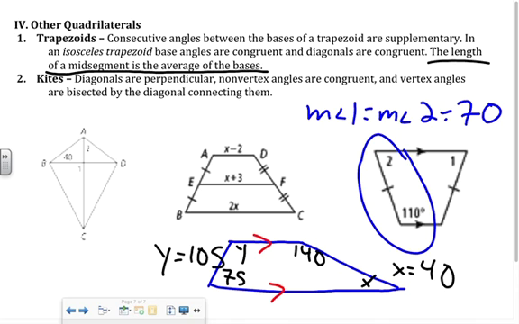Taking the average of two things means you're adding them together and dividing by 2, or adding things together and then taking 1/2 of it. So on that note, I can use that in order to solve for x in this trapezoid. So I know that x plus 3, the mid-segment, is the average of the bases.